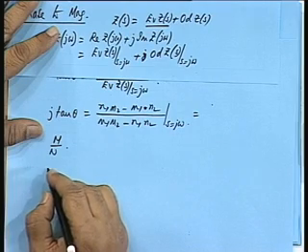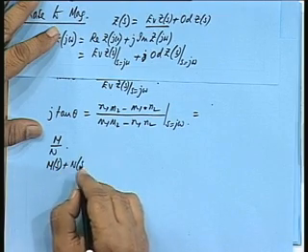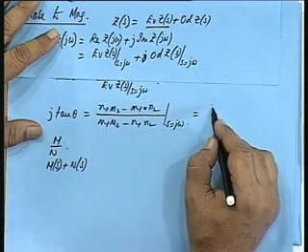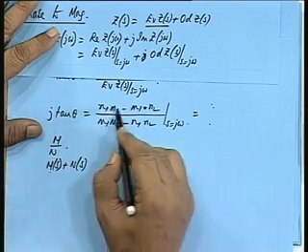So m plus n s, if the ratio is m s by n s, then what is m s plus n s?